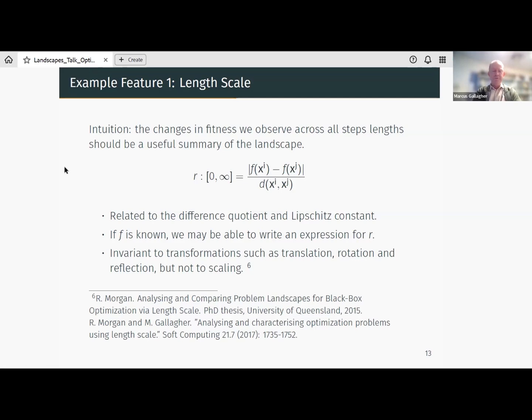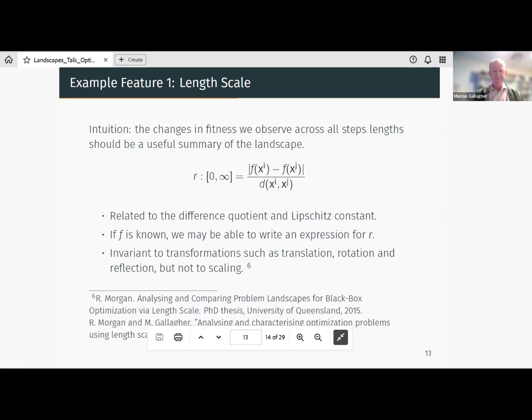We don't know that the problem is differentiable. We don't necessarily have access to the objective function, except we can evaluate solutions. So it's sort of zeroth order information. So this is length scale. If you know the objective function, you could write down an expression and do some math. But in general, we were thinking about the sampling approach for this.